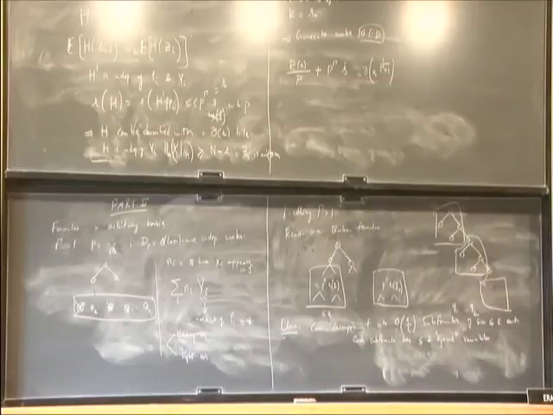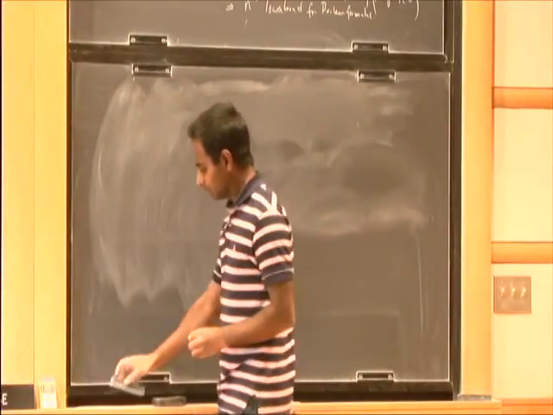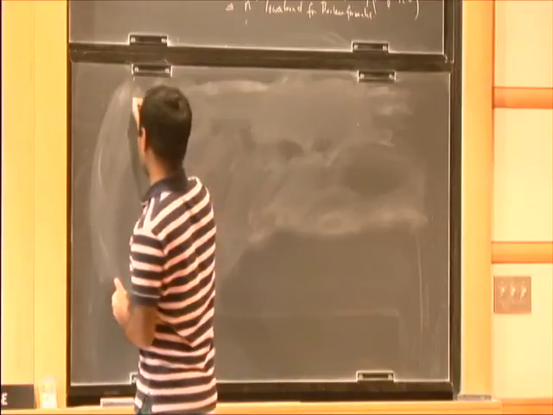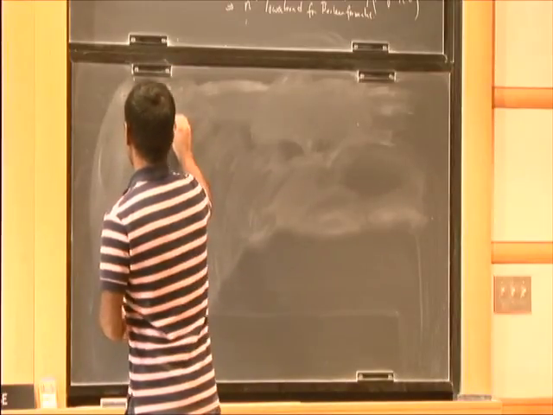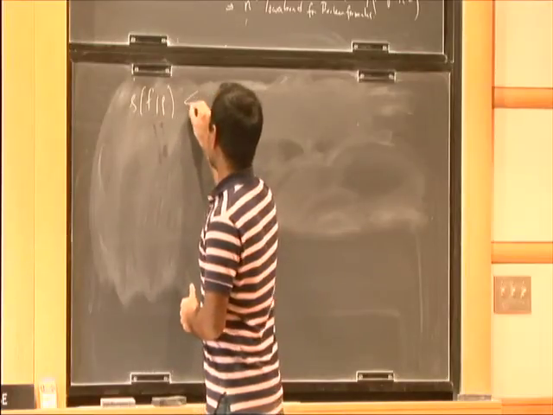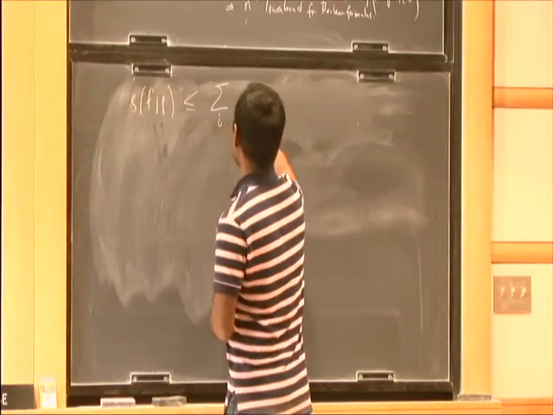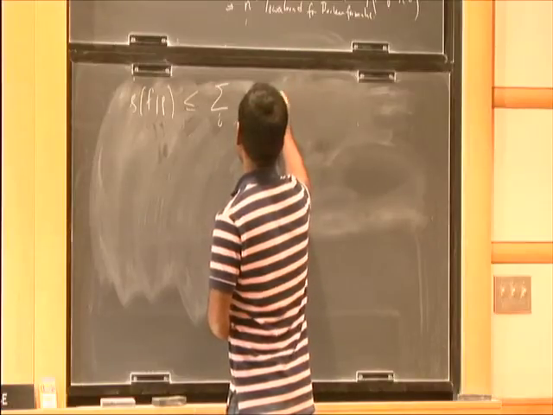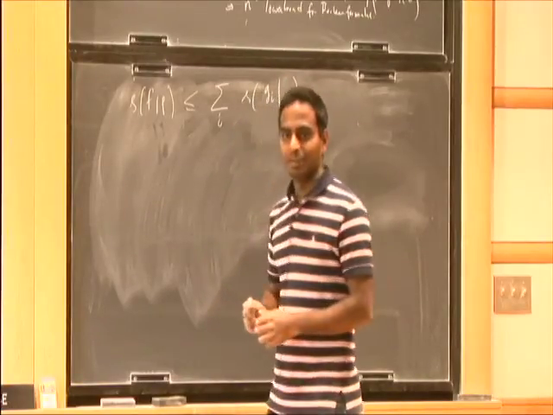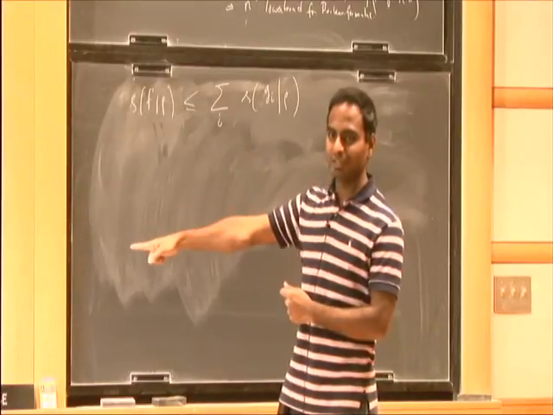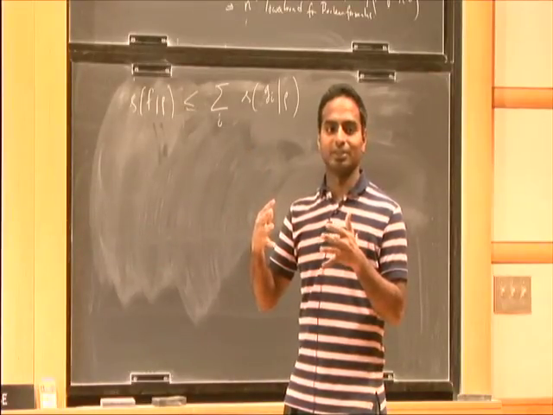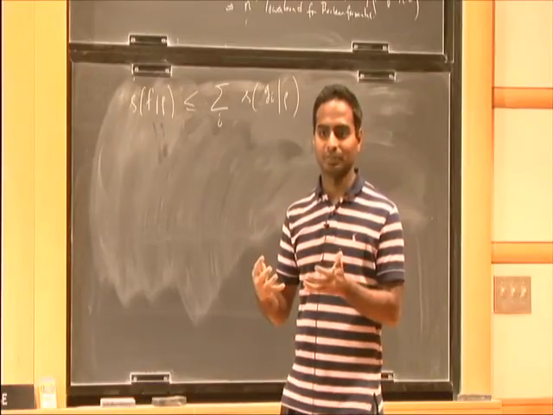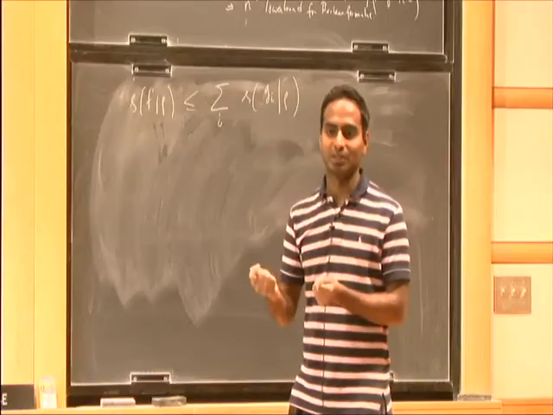My claim is we should basically be done because we know that S of F restricted to rho is less than or equal to the summation of S of Gi restricted to rho. But it's not exactly true, because I have the special variables, on which you're not doing any simple restriction. You don't know what's happening there. What's the disappearance probability? We don't know.